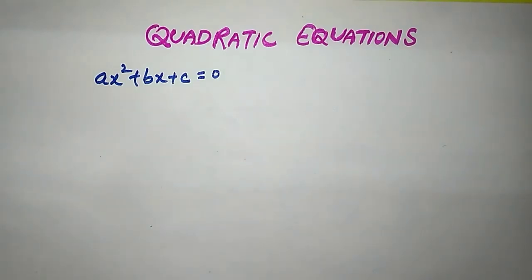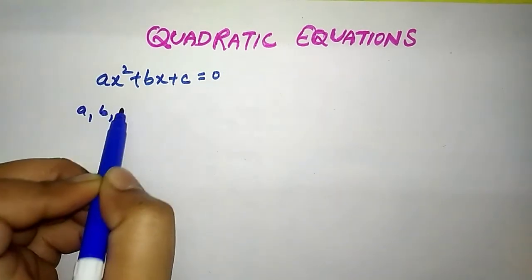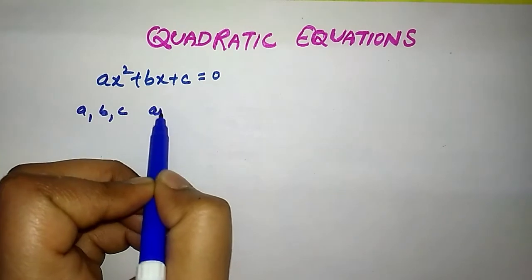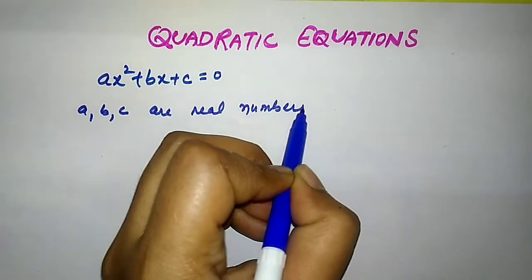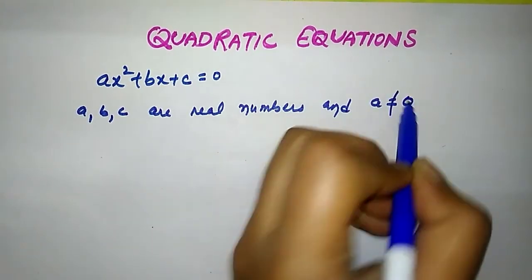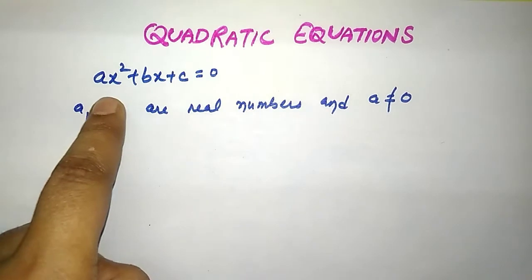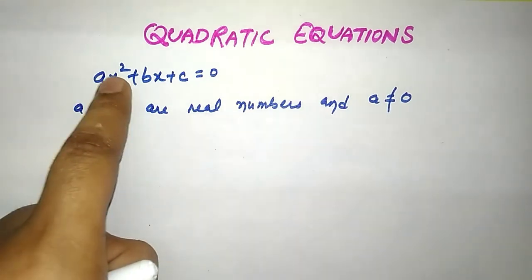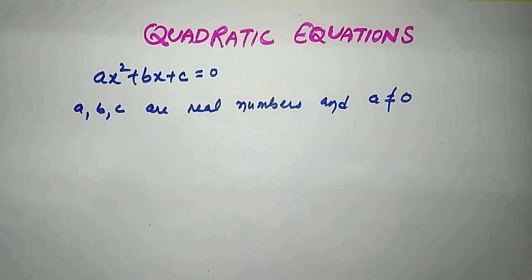That equation is known as a quadratic equation, but there are some conditions: a, b, c should be real numbers and a should not be equal to 0. Clear? So any equation which has the degree, that is the highest exponent, as 2, is known as a quadratic equation.